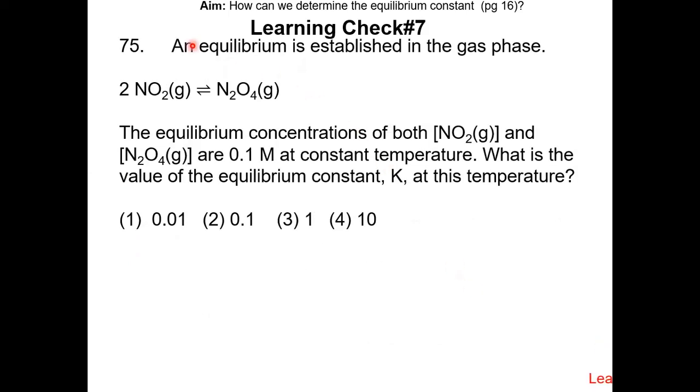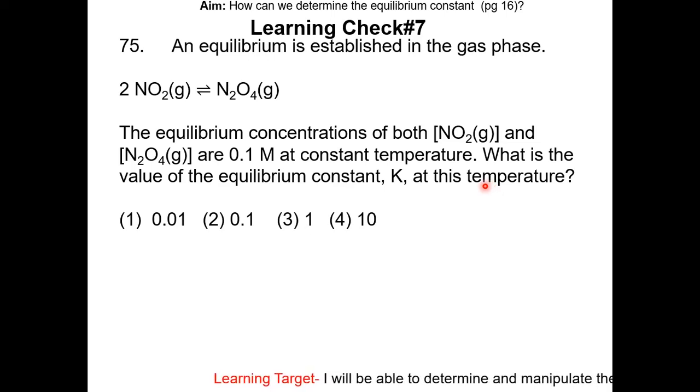Learning check number 7. An equilibrium is established in the gas phase. The equilibrium concentration of both NO2 gas and N2O4 gas are 0.1 molar at a constant temperature. What is the value of the equilibrium constant K at this temperature? Pause the video, resume as completed.